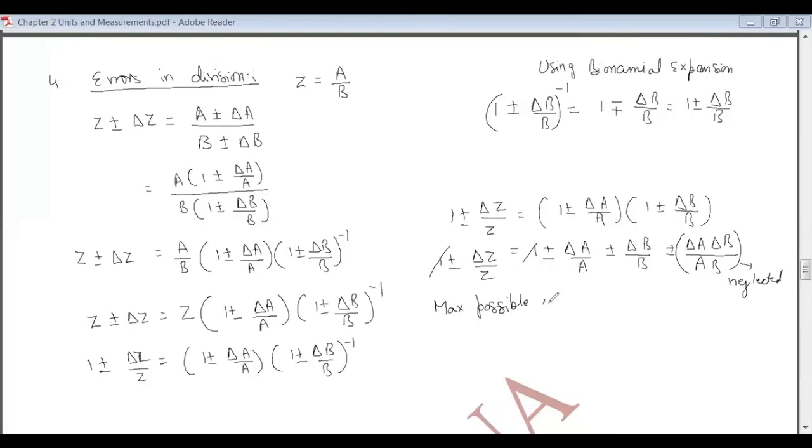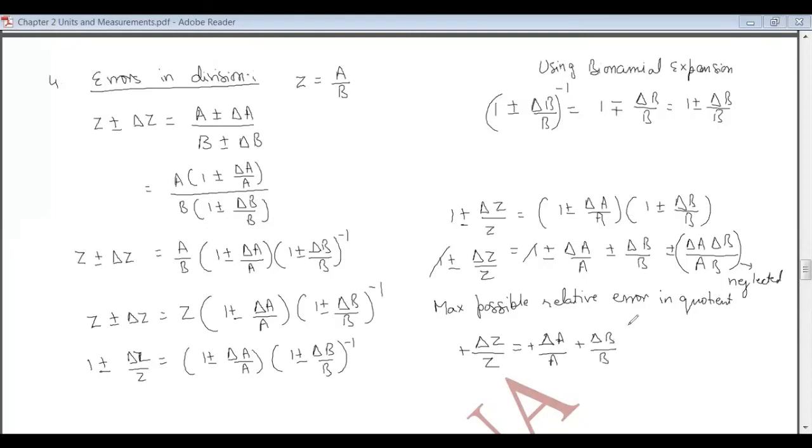This is again the relative error. So the maximum possible relative error in the quotient is equal to, which sign will we consider? Positive sign: delta z upon z equals delta a upon a plus delta b upon b.